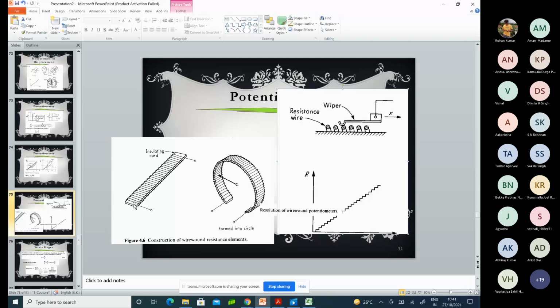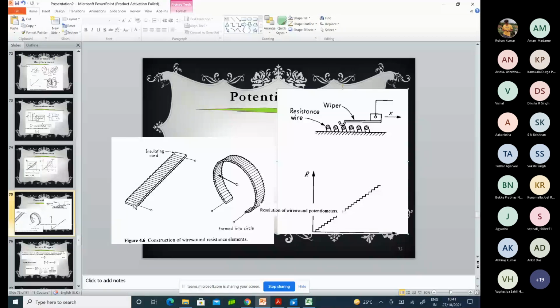What it is doing is going to the next wire, and the resistance due to that one full wound of wire is added. So the increase in resistance is not continuous.